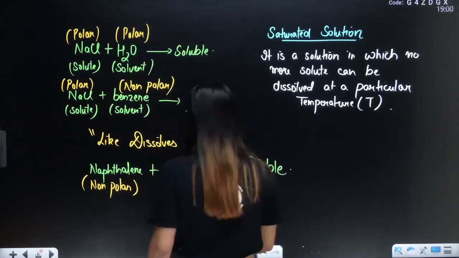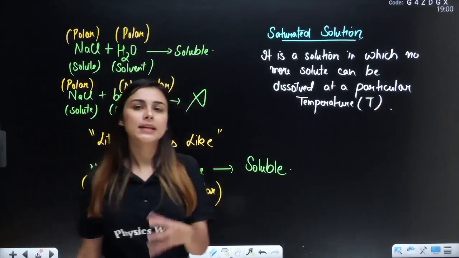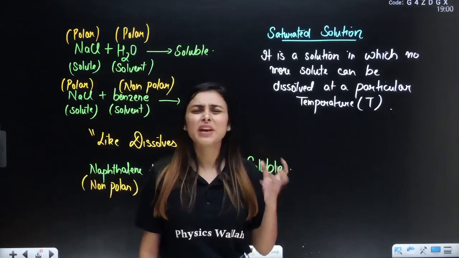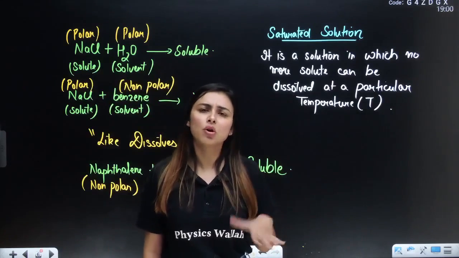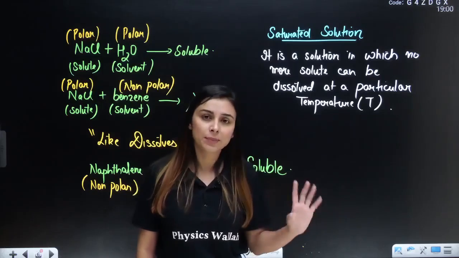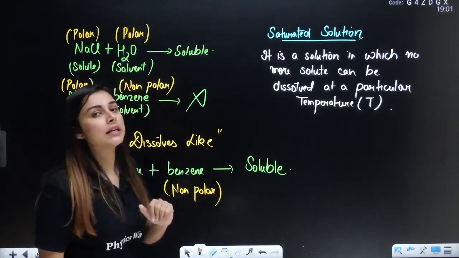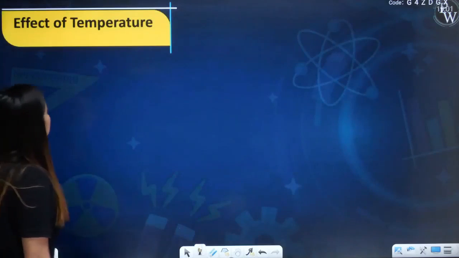Yes. So this is how you are going to understand the saturated solution. A very basic term which you will come across a lot of times. Perfect. Now let's study another important part, which is the effect of temperature.